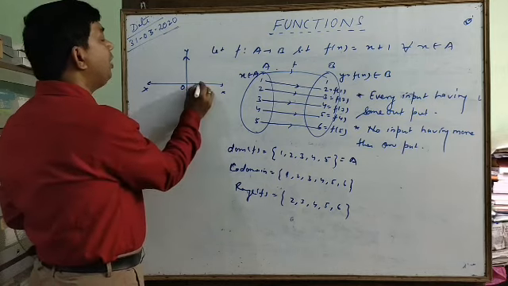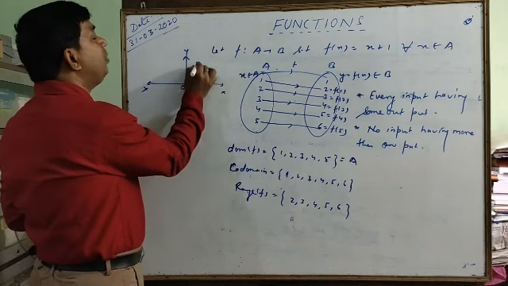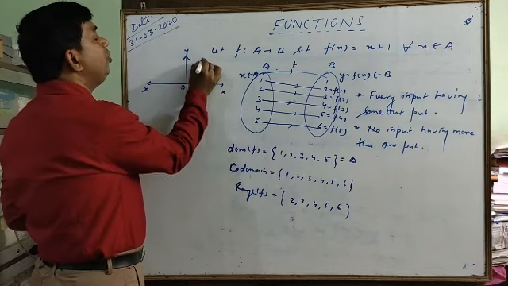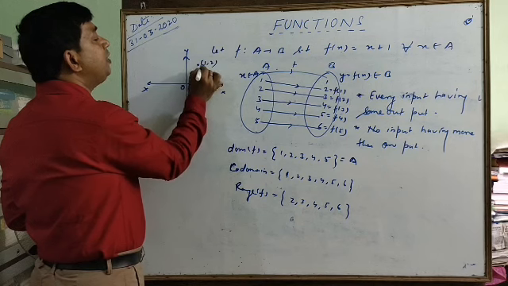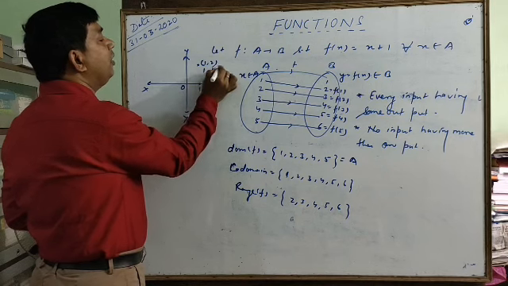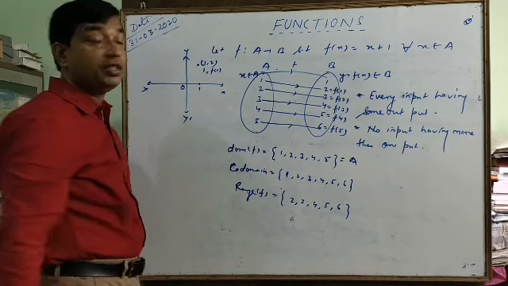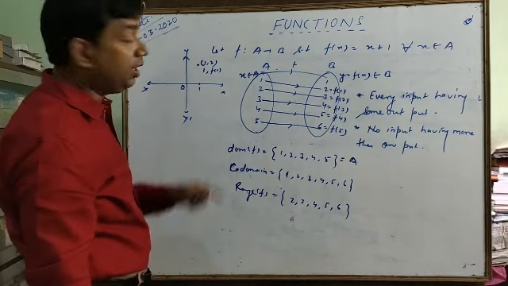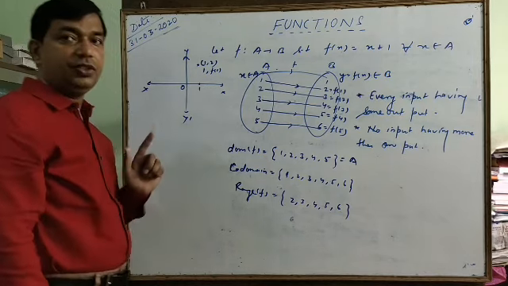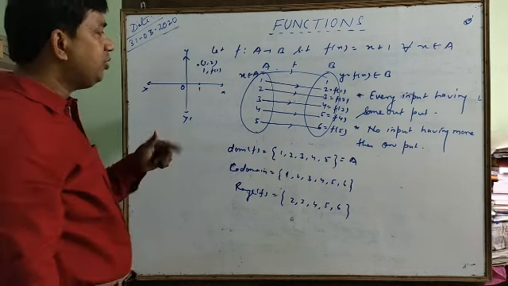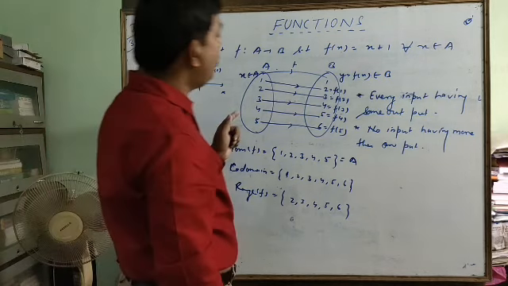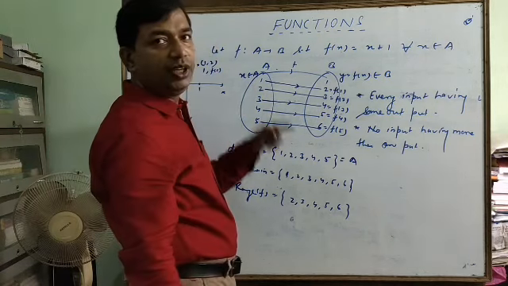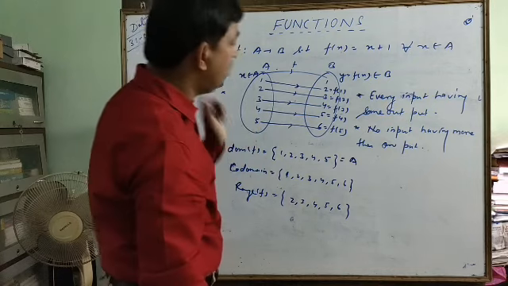By substituting 1, the result is coming 2, so 1 comma 2 means 1 comma f of 1, this is called image, and the collection of images is called range. Clear? But actually I want to explain how image is always unique, but pre-images can be any number.